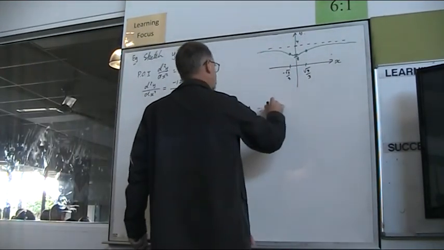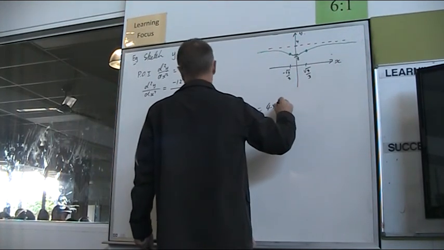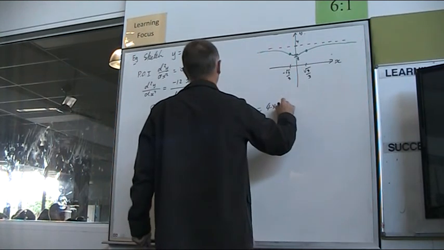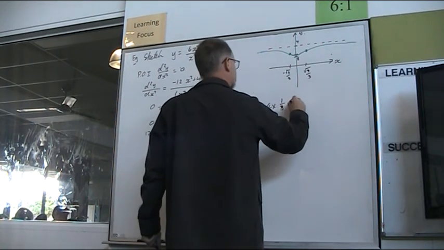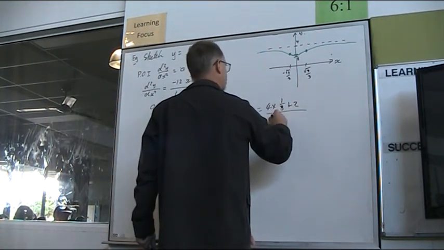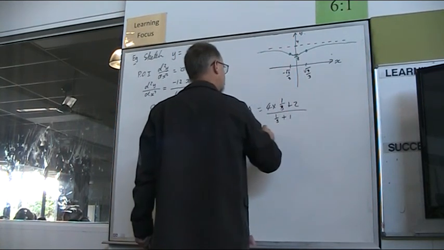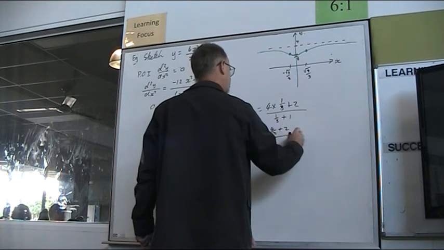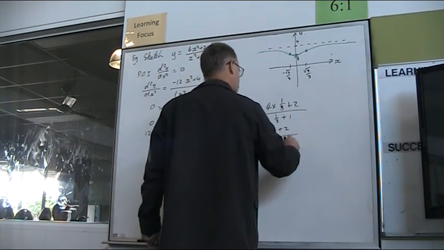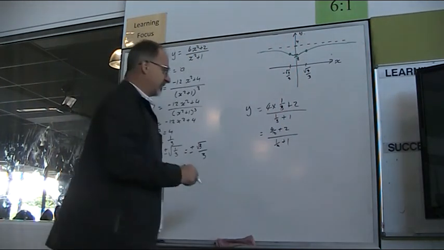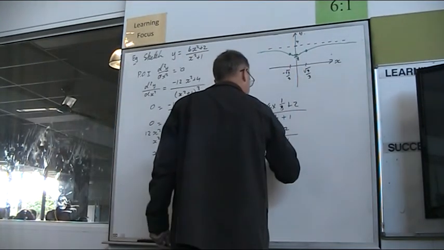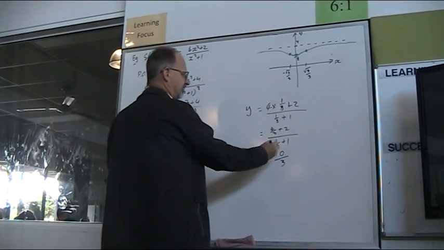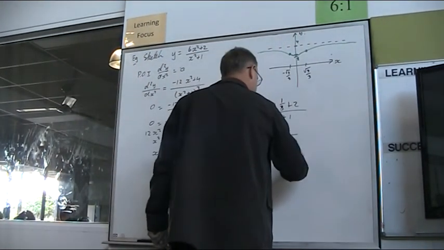So y would be 4 lots of 1 on root 3 squared, which is 1/3. Plus 2, it's not as bad as I thought. 1/3 plus 1. So 4/3 plus 2 over 1/3 plus 1. 2 is 6/3 plus 4/3 is 10/3. 1 is 3/3 plus 1/3 is 4/3.